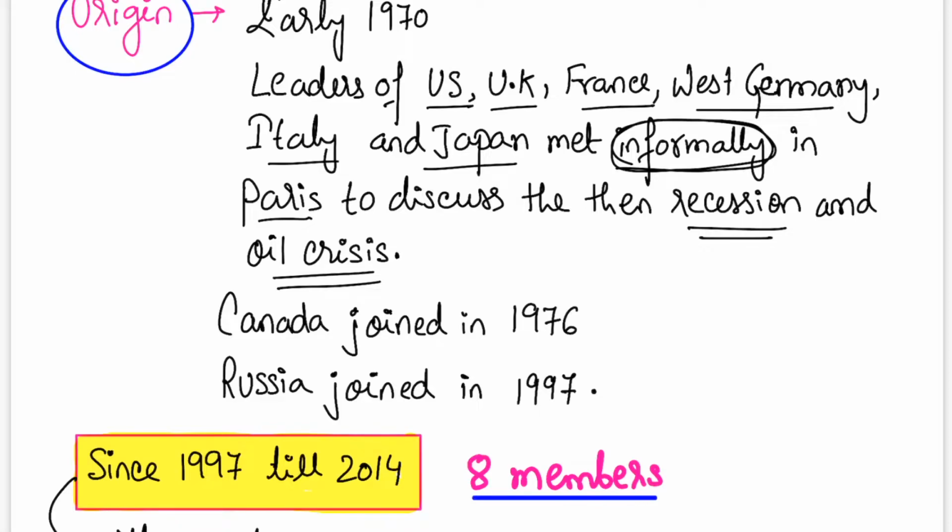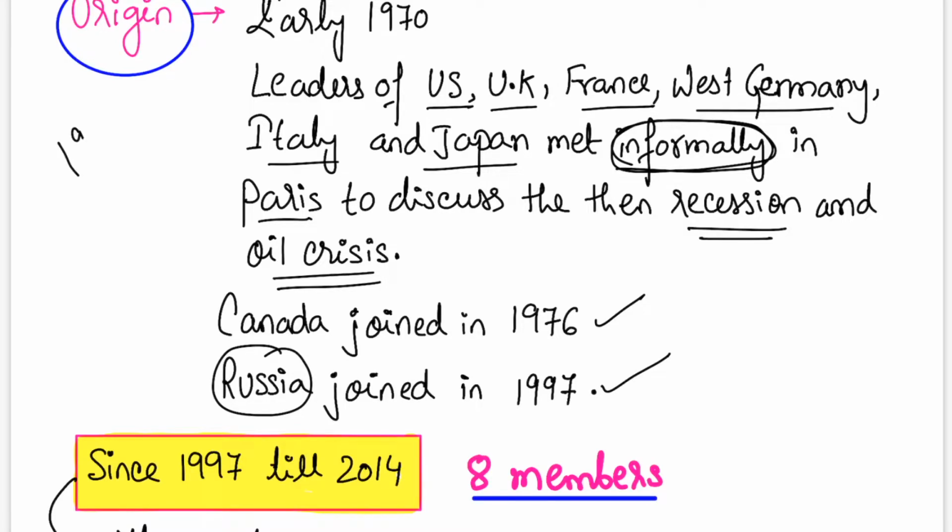This oil crisis has always been a part of global history, and to discuss this oil crisis and to fight the recession which was going on in the 1970s, these industrialized advanced nations came together informally for talks.